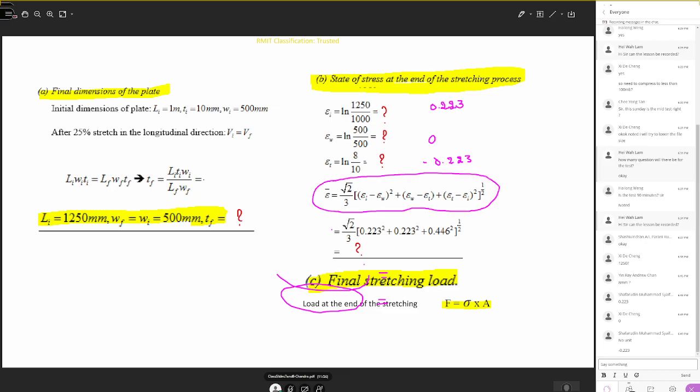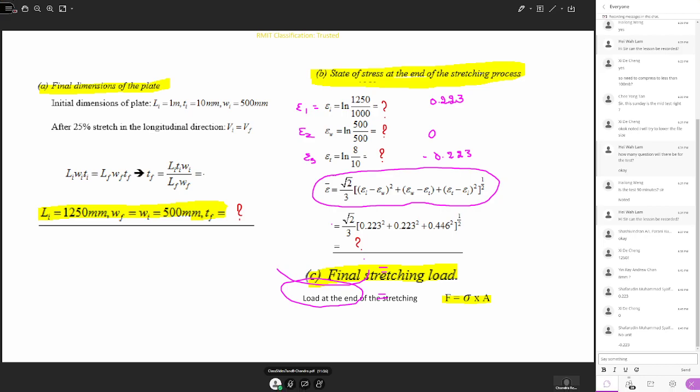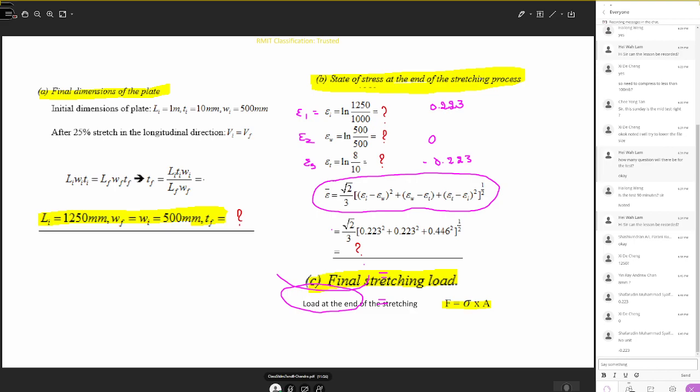We can also refer to these as epsilon 1, epsilon 2, and epsilon 3. Okay, so you can apply the effective strain expression. So square root of 2 over 3 into epsilon L minus epsilon W, that is width, whole square, plus epsilon W minus epsilon T whole square, plus epsilon T minus epsilon L whole square, the entire thing under square root. So do calculate and let me know your answer.